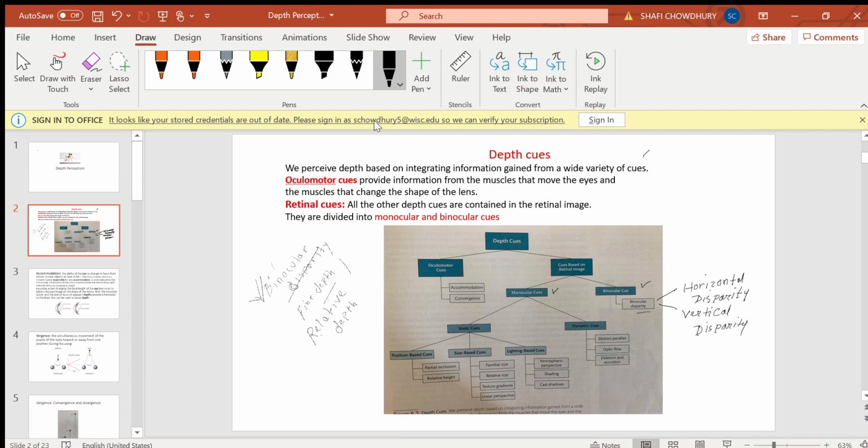Okay, the human brain is used to process the horizontal disparity much more than the vertical disparity, because we move in a horizontal direction. You know that we walk on the earth horizontally. However, there are creatures like birds, they move up and down too, right, in space.